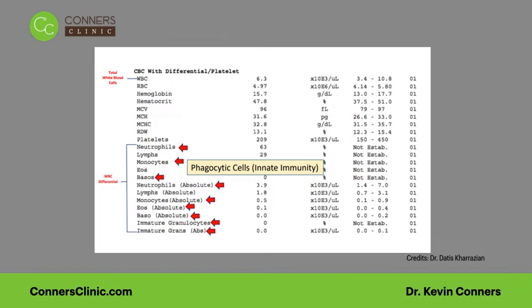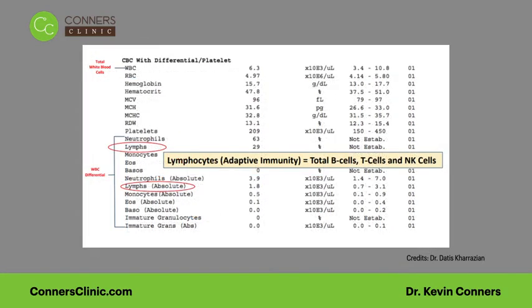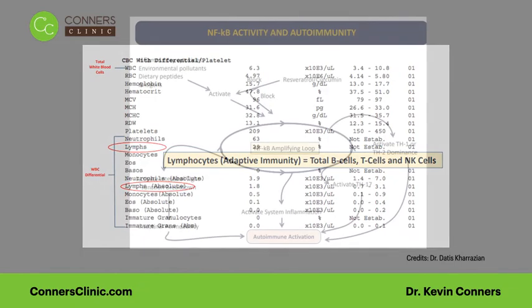These are your phagocytic cells. This is your innate, your immediate response cell that's trying to kill a pathogen. And then you have your lymphocytes, your adaptive immune system: your total B cells, your T cells, and then your natural killer cells that are killing off the pathogens you're exposed to.